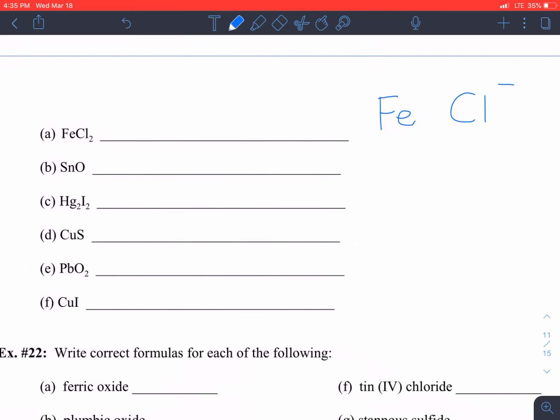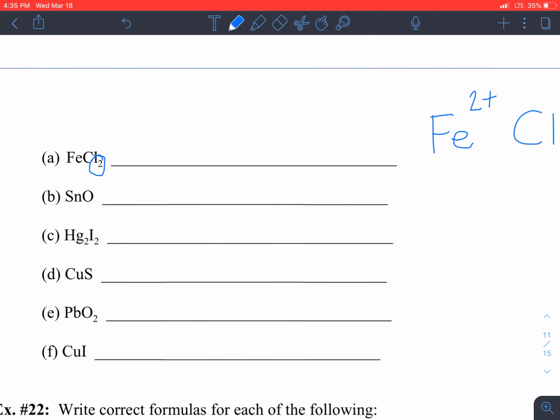Chlorine always forms a -1. Since there are two chlorine ions there, that means that the charge on iron had to be a 2+, since there's only one iron ion in the formula. And so if we identify the two ions, then we can identify the name.